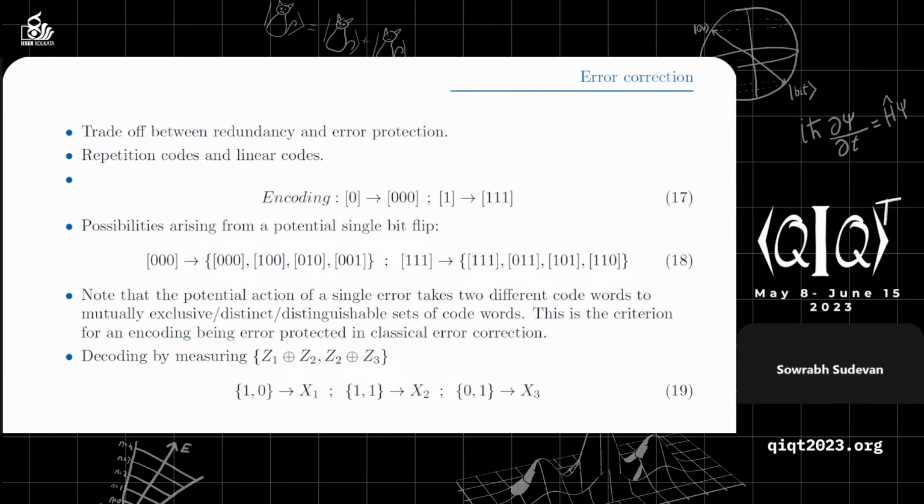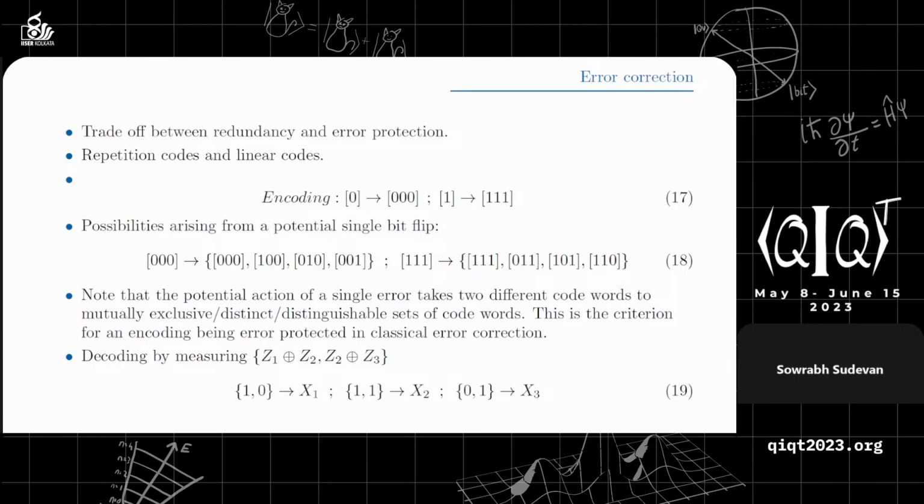Now, a very simple idea of this repetition is something like, if I want to send a string of zeros and ones, binary information, through a classical channel, I can encode each zero as three zeros and each one as three ones. So it's just repetition. Now, what can happen is you can have, let's say, a single bit flip.